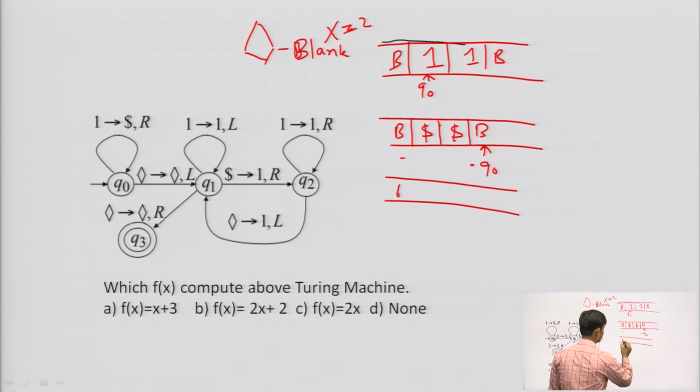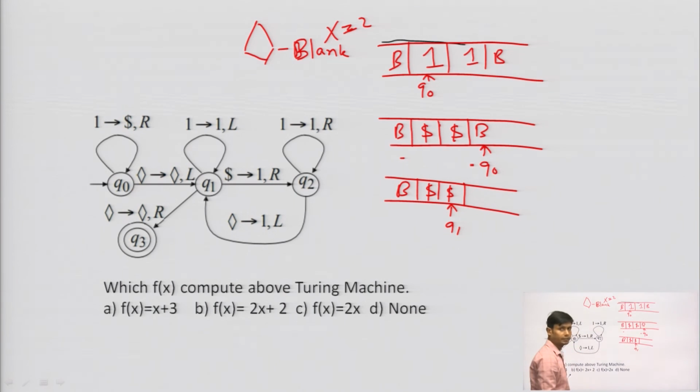So this is blank, and this is dollar and this is dollar. Left means now q1 points to dollar.